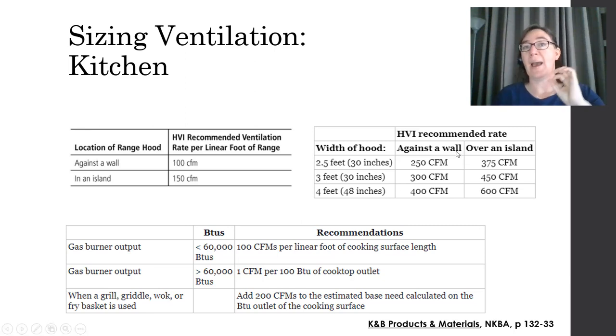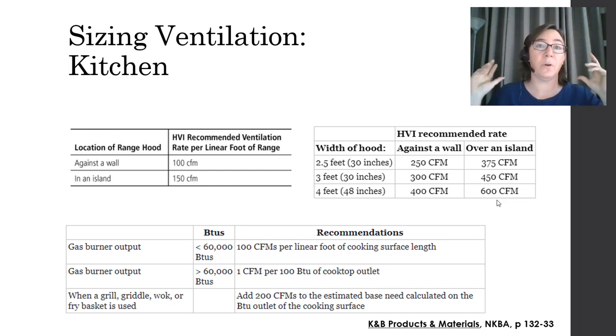If you have your hood mounted up against a wall, here are the recommended CFM rates for these sizes: 250, 300, and 400. And again, you need to bump those air rates up if you are locating your hood over an island.